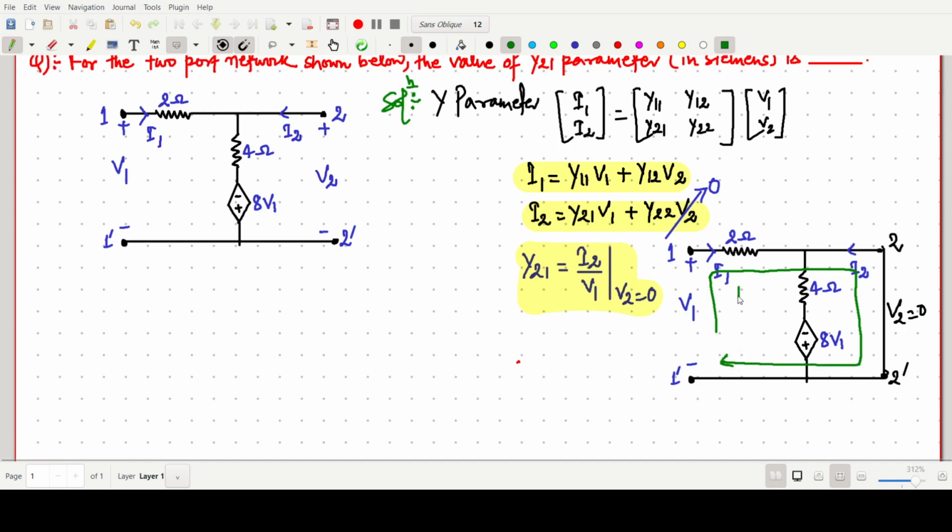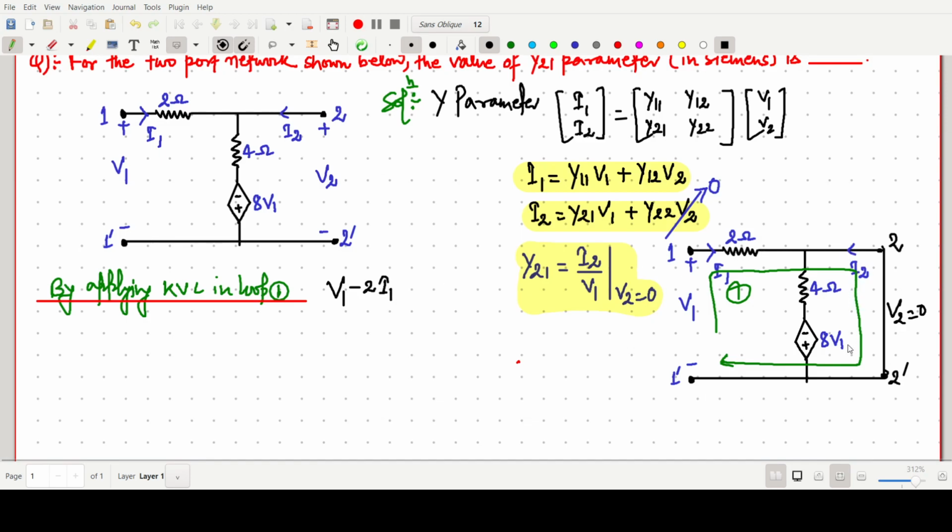By applying KVL in loop 1, what we can write is V1 minus twice I1, and there is no resistance going like this.